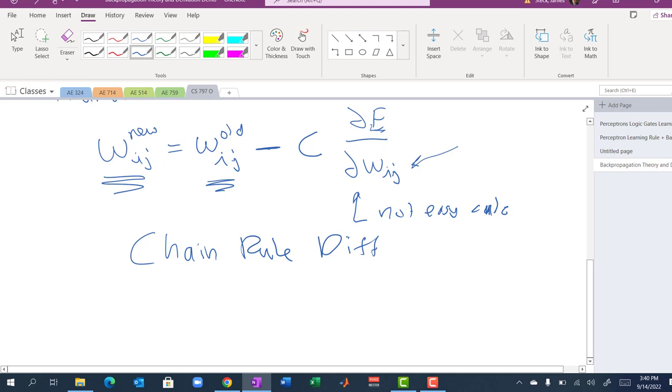And that's what we're going to go through with a demonstration of how to calculate this gradient based on backpropagation. So in summary, the error is a function of the weights. The outputs are in the error, and the outputs depend upon the weights. And so we're going to minimize E by going downhill in the negative gradient direction of E until we finally get a good set of weights.